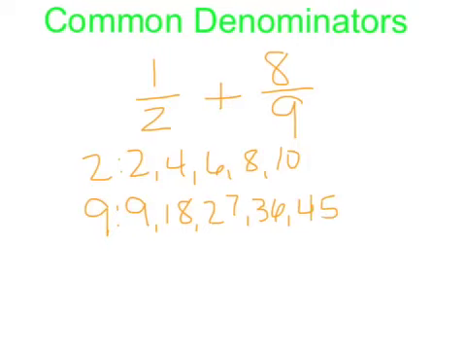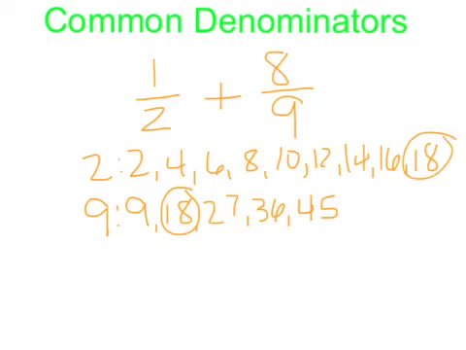And since we don't have any matches there, we would start listing with the small number to see if we could match any multiples of the big number. So we'll have 12, 14, 16, 18, and if we stop there, we can see that we do actually have a match in 18.